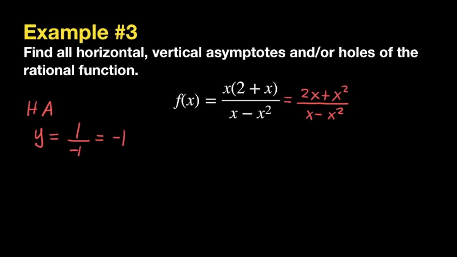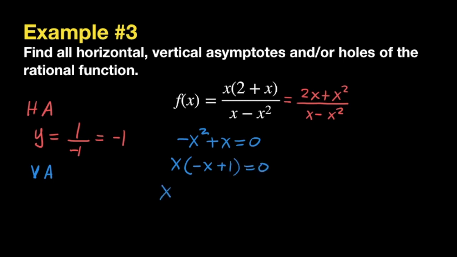To find the vertical asymptote, we just need to make the denominator equal to 0. Okay. So we're going to get negative x squared plus x is equal to 0. We're going to factor out an x. We get x times negative x plus 1 is equal to 0.